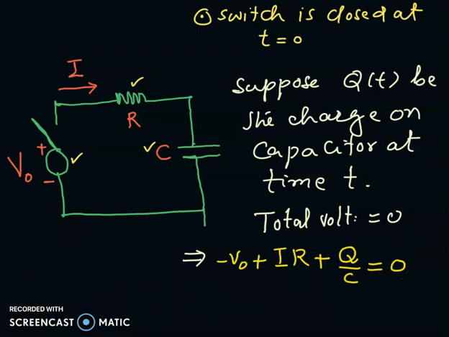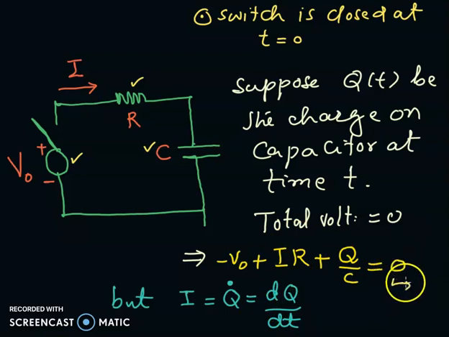But we also know from physics that I is equal to the rate of change of Q, the rate of change of charge. So let me call this equation 1, and this equation 2.